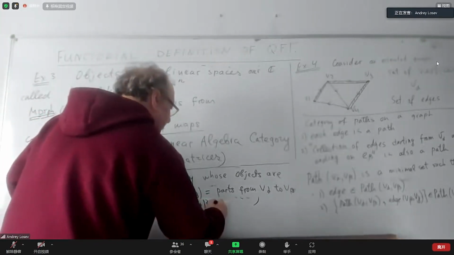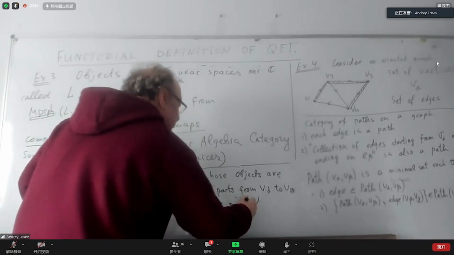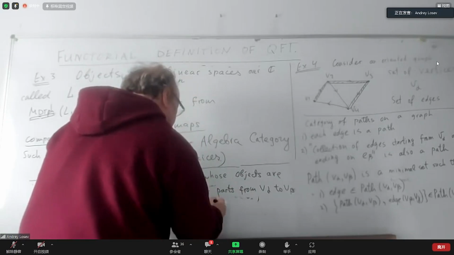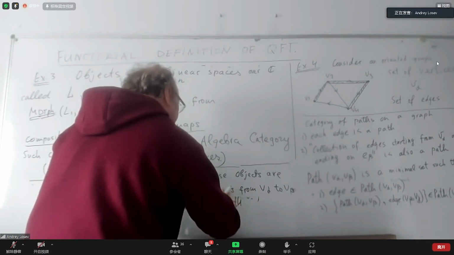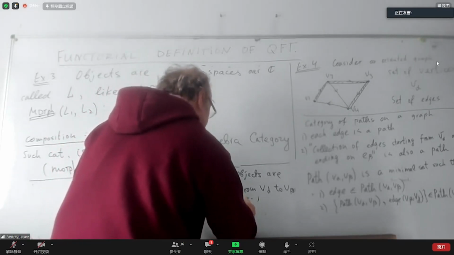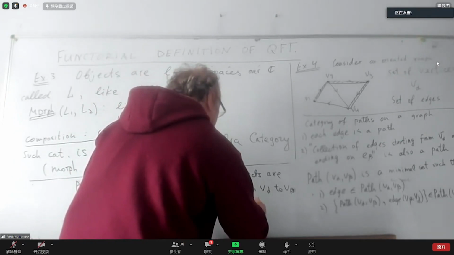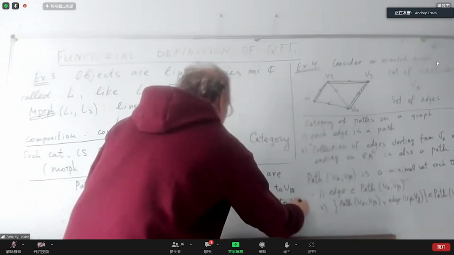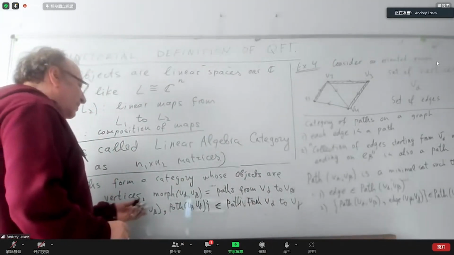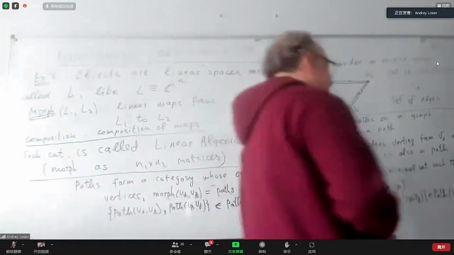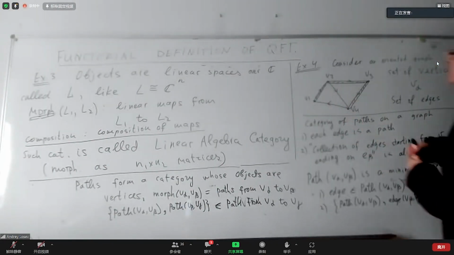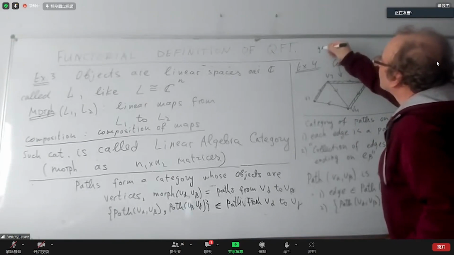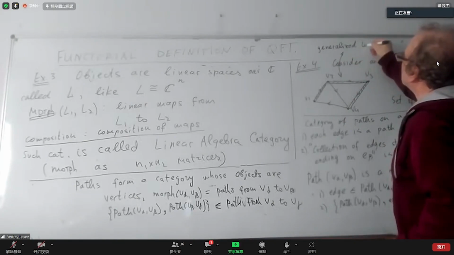This set is a path that belongs to paths from V_alpha to V_gamma. And it is obvious that this composition is associative. And this path would be generalized to cobordism.